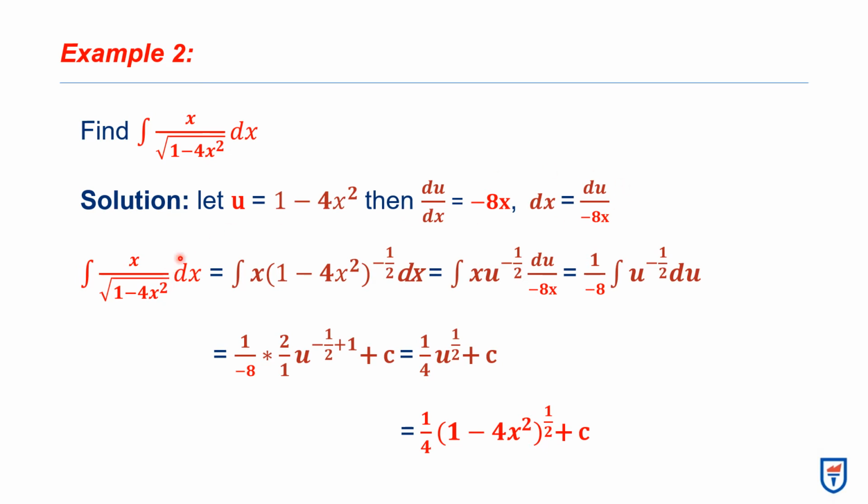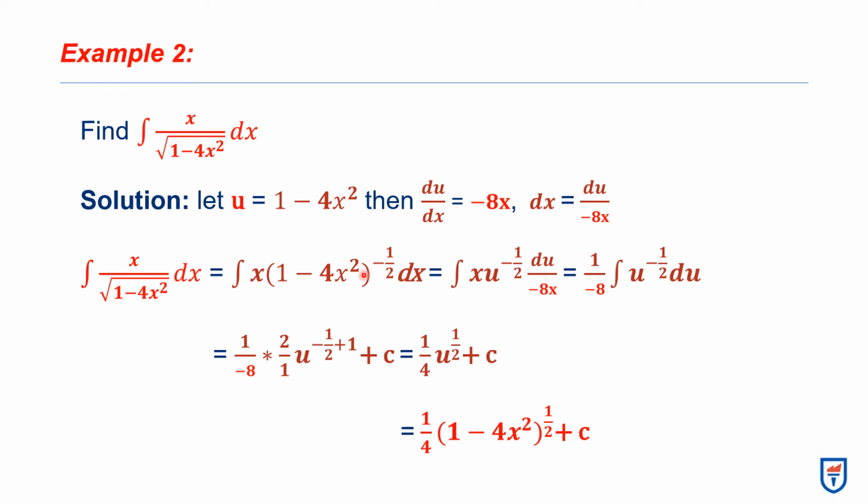So now for the integral of x over the square root of 1 minus 4x squared, we change the square root. The square root is the same as to the power half. So when you put it to the power half and you take this expression up from the denominator, the power half is going to change to a negative. So we end up having the integral of x (1 minus 4x to the power 2) to the power negative half.